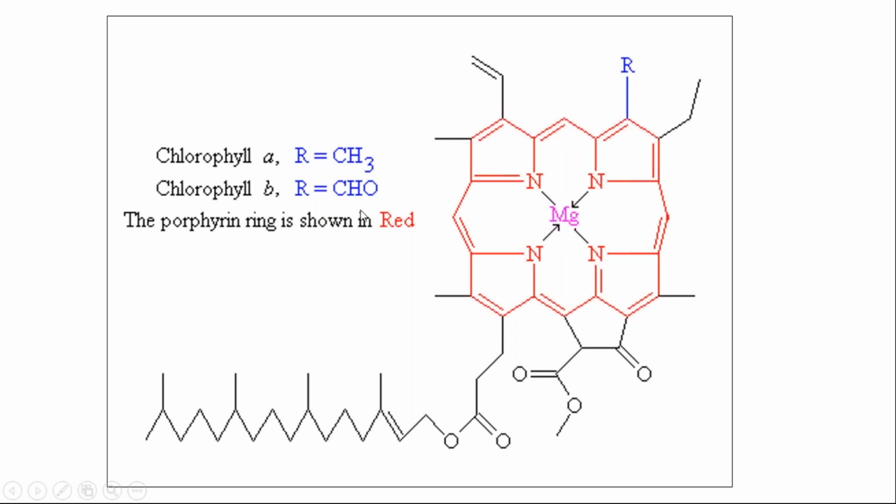magnesium 2 plus. There are two types of chlorophyll, A and B, and they differ only in the R structure here, where chlorophyll A has a methyl group and chlorophyll B has an aldehyde group. The rest of the molecule is exactly identical. But what you would like to observe over here is these alternating double bonds and single bonds. It is these alternating double bonds and single bonds which make chlorophyll absorb light in the visible region and give it the green color.